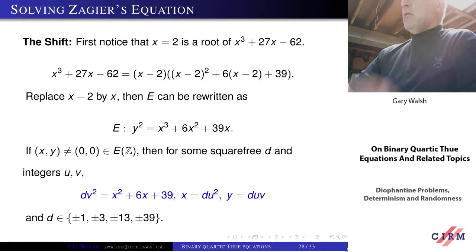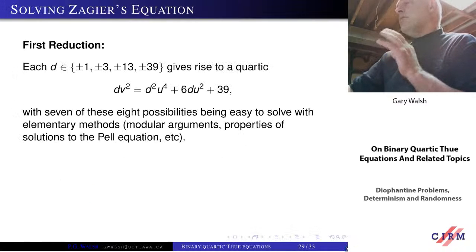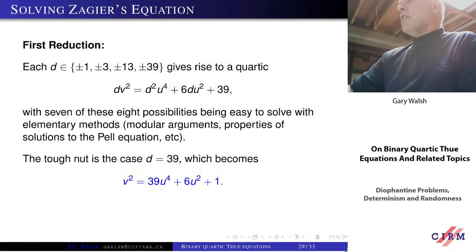Out of these 8 cases, 7 of them can be dealt with using elementary methods, maybe modular arguments or solutions to Pell equations and so on. And the difficult one that remains after looking at those 7 cases is this quartic equation right here.